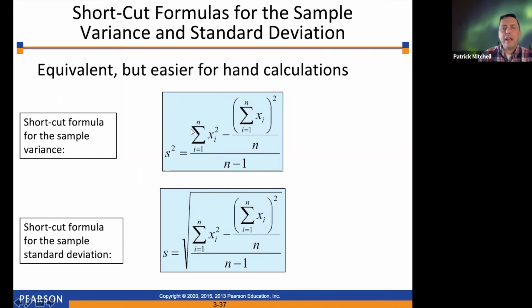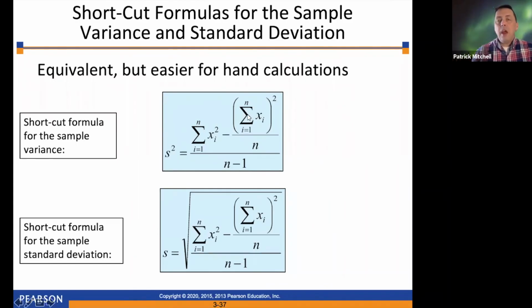So for the variance, you do s squared equals the sum of the values squared, so square each value and then add those all together, minus, so what's the difference between this and this? In this case, we're adding up all the values first and then squaring the answer.